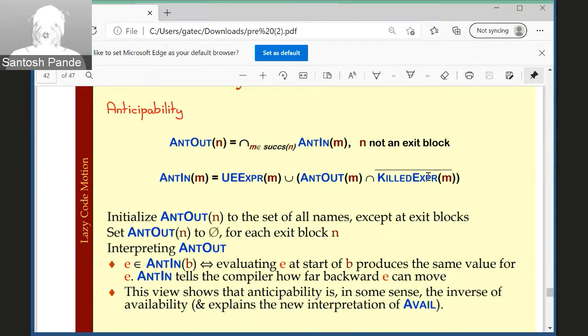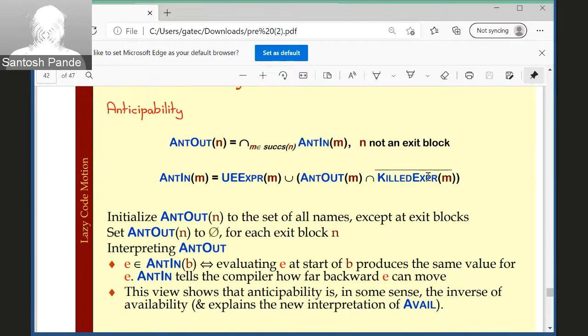Or the other possibility is that it was evaluated, but after that evaluation point, x or y has changed, and therefore the value is not the right one. Both conditions are captured in the non-availability definition that we have, and we don't distinguish between the two because we need to cover either case.